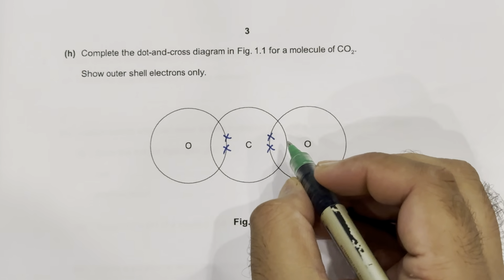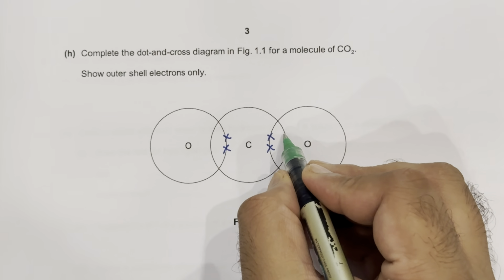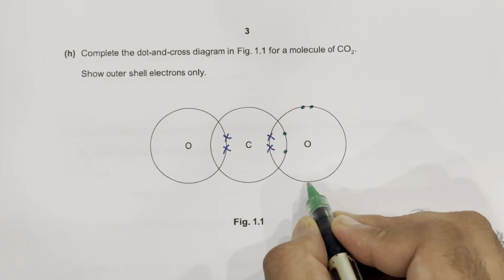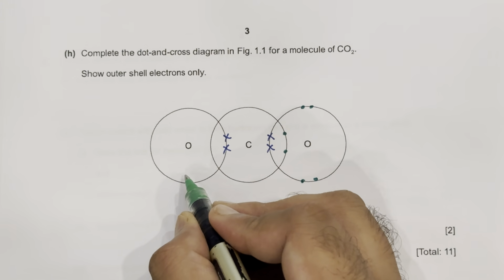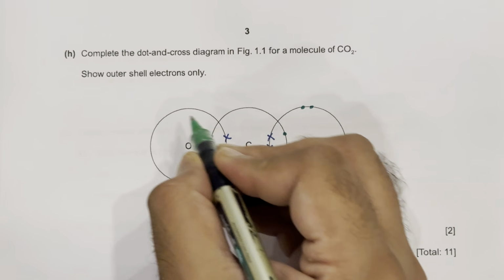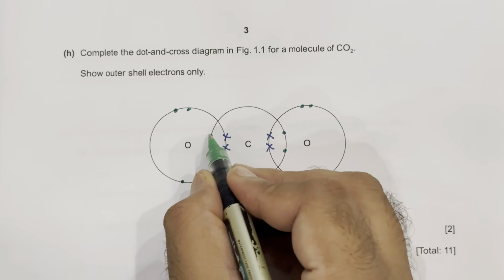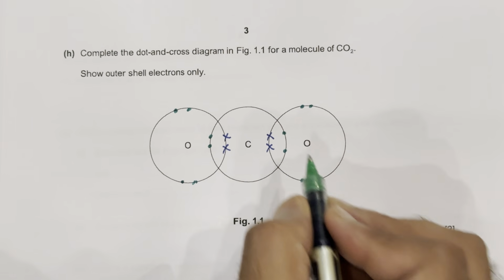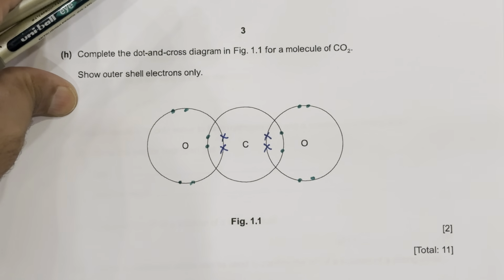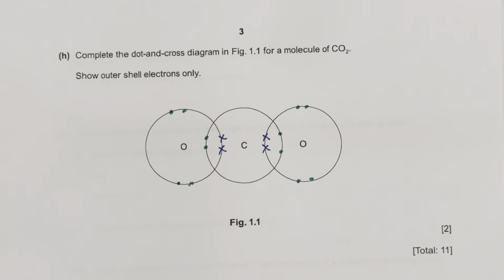So we're going to draw dots over here, here, here, over here as well. You need to draw a cross over here and a dot over here. Okay, this is how we have completed the dot and cross diagram. So this was a simple question.